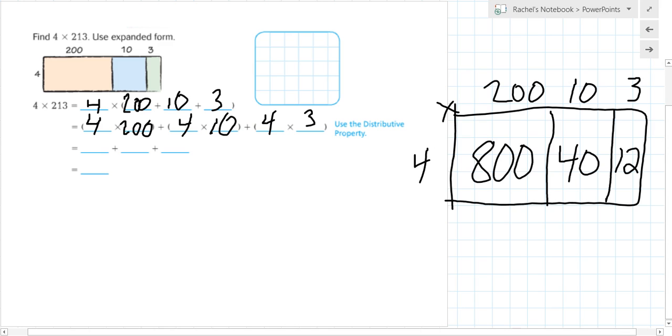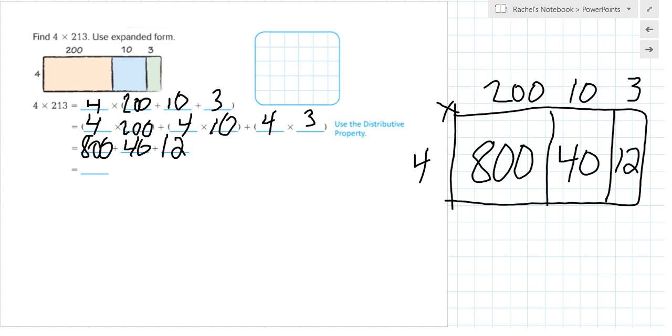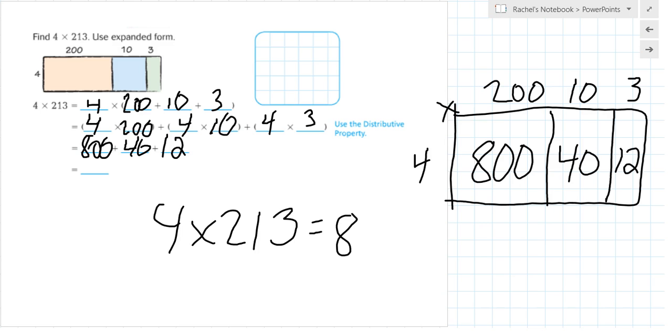Those 3 numbers are our partial products, and so now we can add them together. 800 plus 40 plus 12. So our answer, 4 times 213 equals 852.